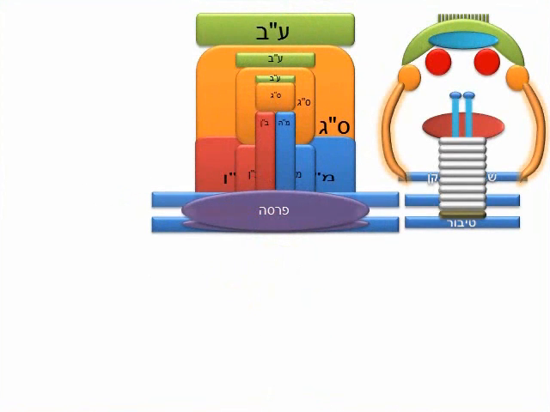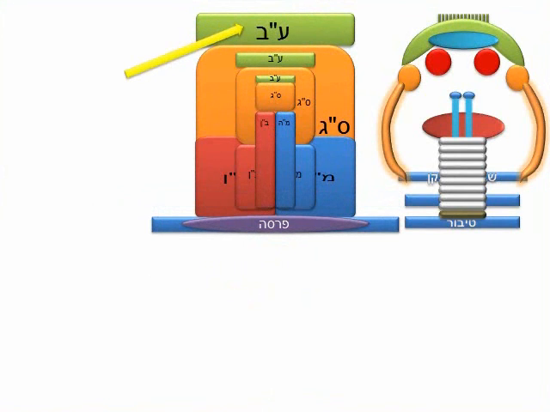Now, this or came out from a connection, a yichud, a unification of Av and Av of Sag. With this unification, the ors of Ben came out of the Anaim.